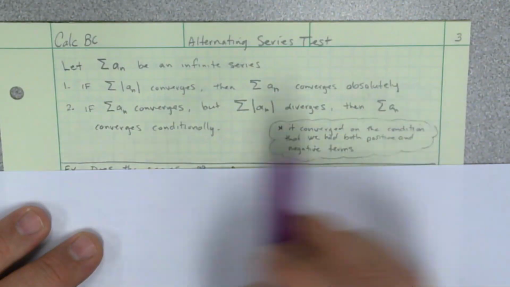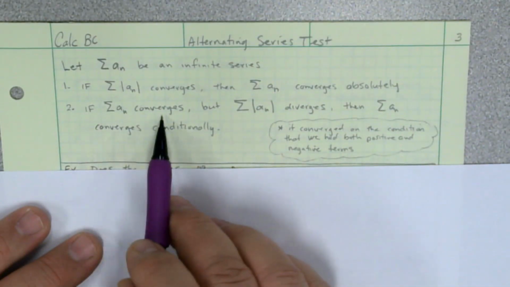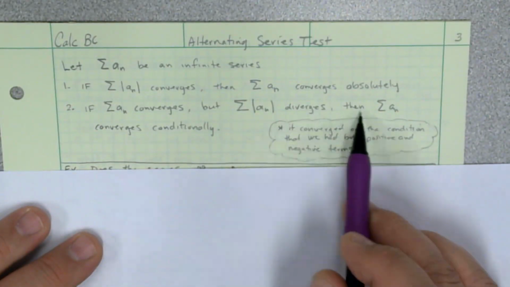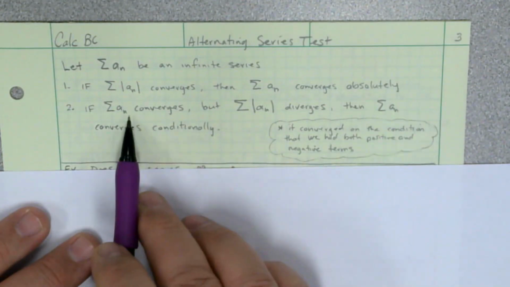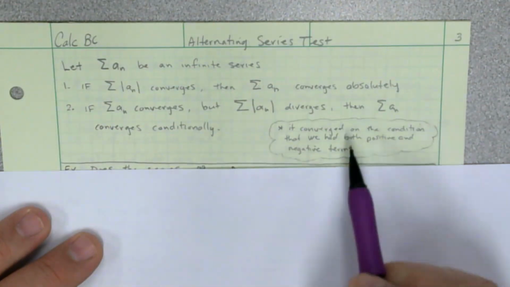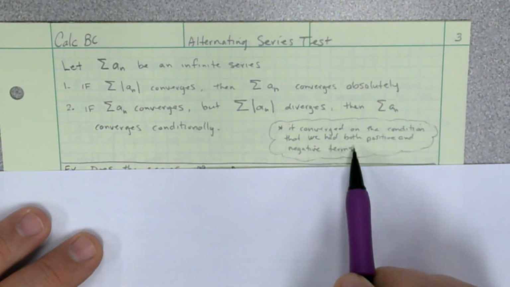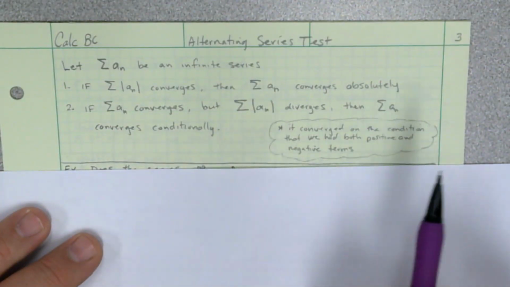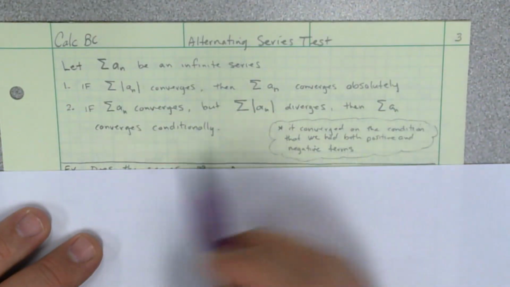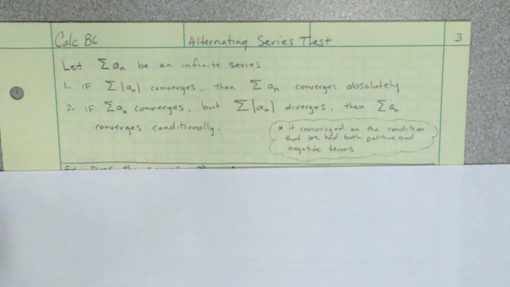If this series converges, but this series diverges, then the original series right here converges conditionally. It converged on the condition that we had both positive and negative terms. That's what conditional convergence is telling you. Okay? So, that's the concept that we're looking at here.